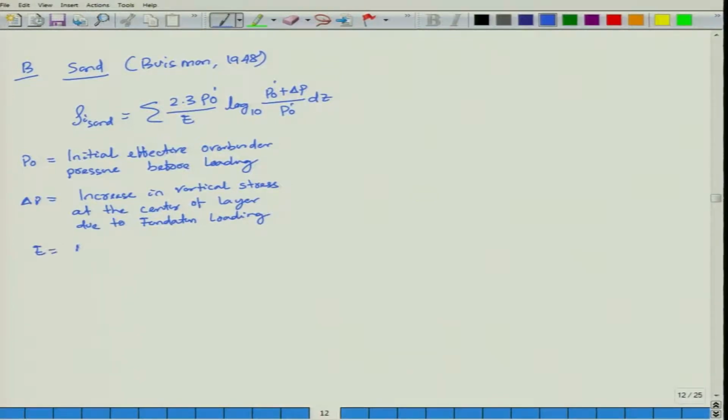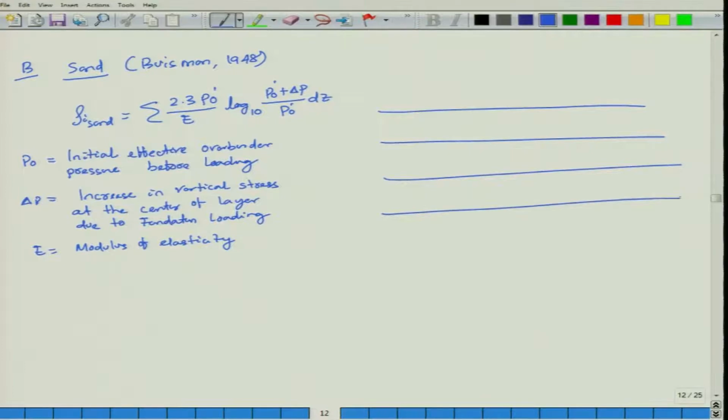E is the modulus of elasticity. Now, there is a case here, layer by layer. If I put it here, I can put only 3 layers.